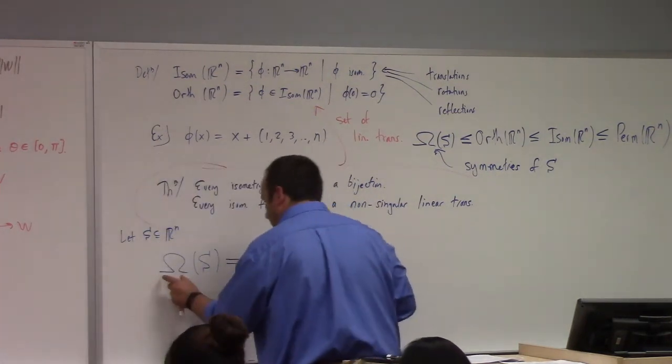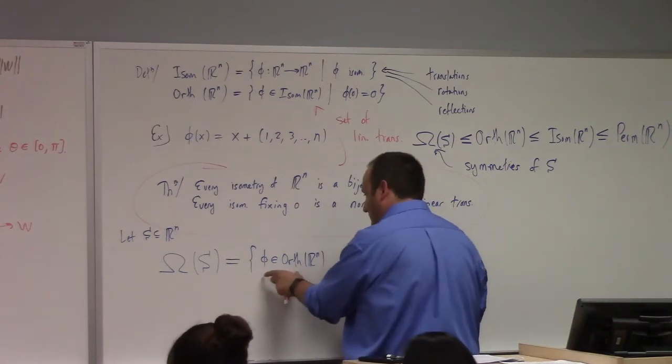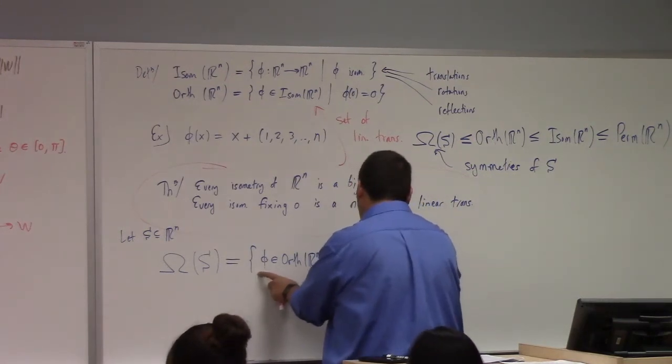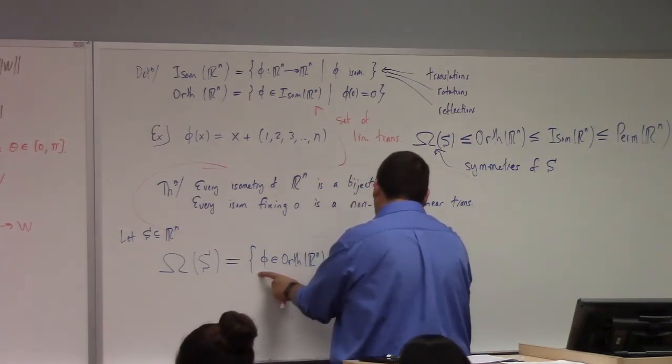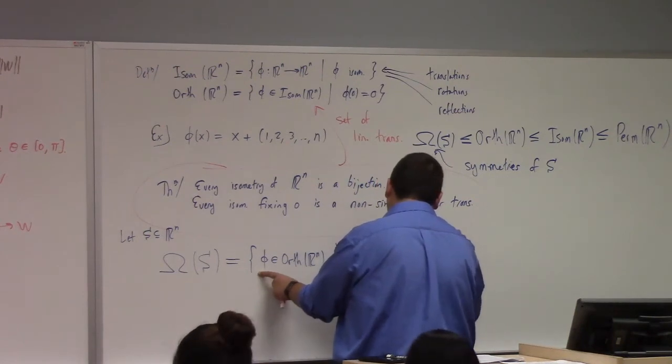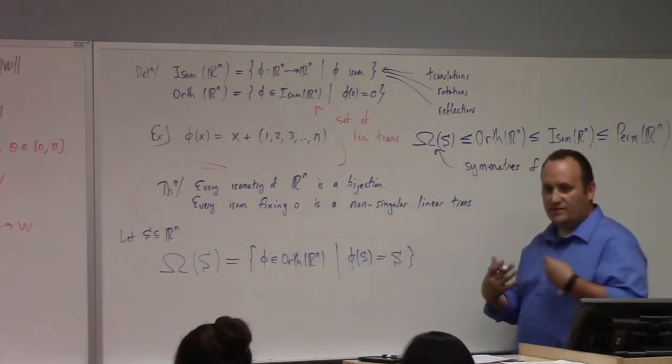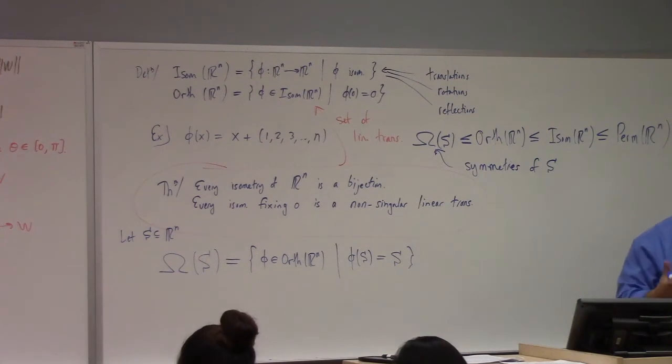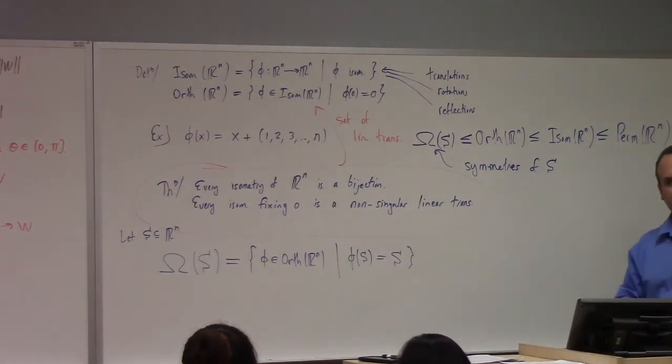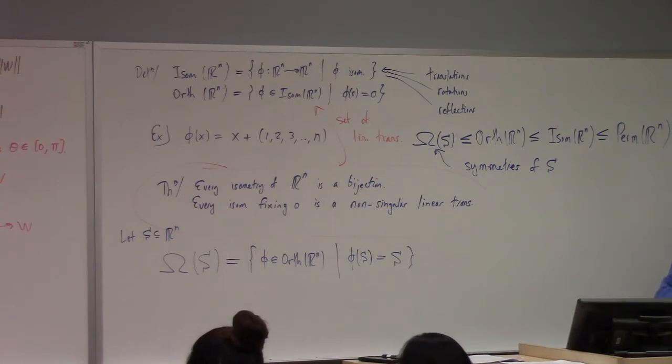Then omega of S is the set of phi in the orthogonal group such that phi of S is equal to S again. In other words, the symmetries of S are the orthogonal transformations which move S to S. They just keep S to itself. Each point in S doesn't have to be fixed, but as a set of points, they're fixed.